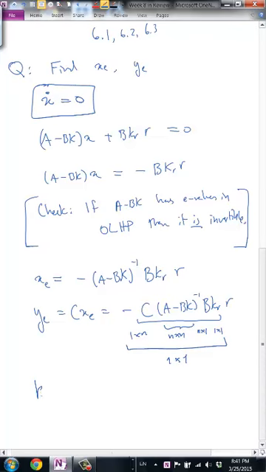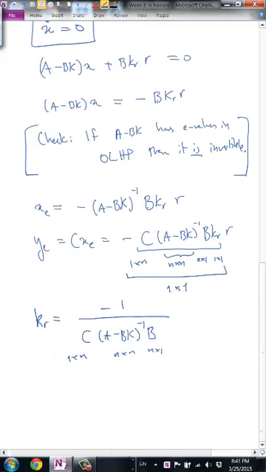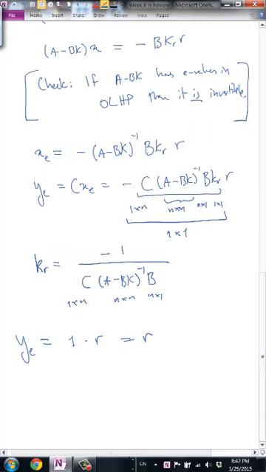So if we choose k_r to equal negative 1 over C (A minus BK) inverse B, notice I'm dividing, but now by a scalar, since C is 1 by n, the inverse is n by n, and B is n by 1. Then by design, y equilibrium is equal to 1 times r, or just r, which means that in steady state, we're doing exactly what we want.